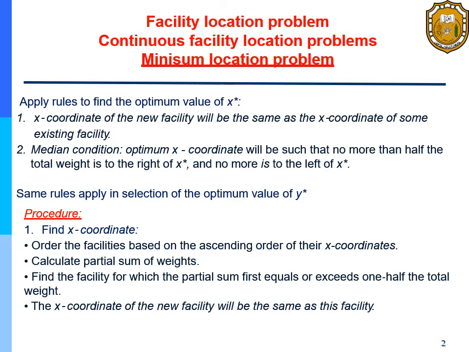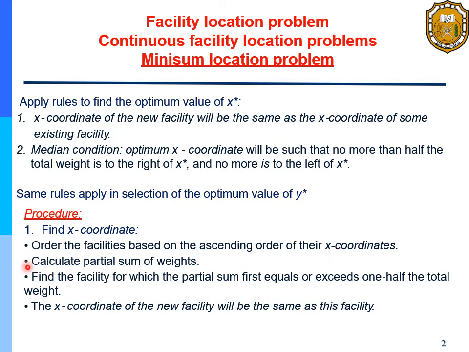And then if you remember, we said that this objective function can be separated into two for the x and y coordinates, right? And then we can solve each coordinate separately. For the x coordinate, we have a procedure to solve it, in which we order the facilities based on ascending order of their x coordinates.